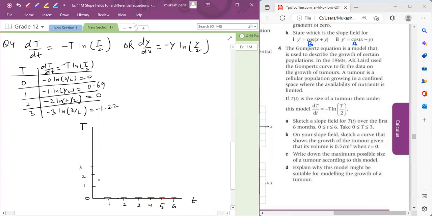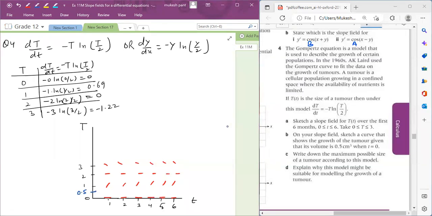Then 1 is a positive value; less than 1 means more inclined to horizontal, like this, positive. Next one is 0, again a flat line at every point. Then it's negative. Negative means this line. This is the way to show the negative. So this will be the slope field for this.